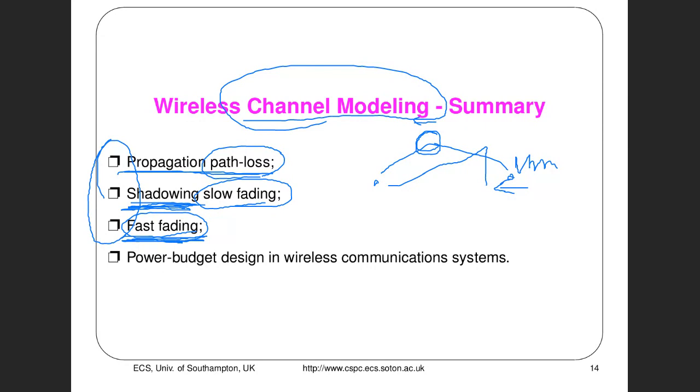Remember that path loss is gradual power loss over distance, and slow fading or shadowing is a sudden blockage of power loss. And then fast fading is like a real time and random power change at a receiver.